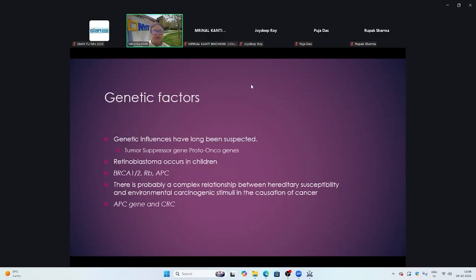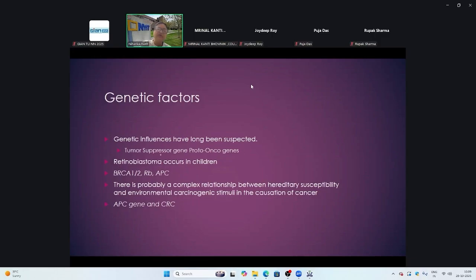So let's look at a little bit of the genetic factors, not to have too many diagrams here, but genetic influences have always been there. Not only are they there just to initiate. Yesterday we talked about initiation, but they're also there for development further. And so there are two kinds of genes that I thought you should know at this point.